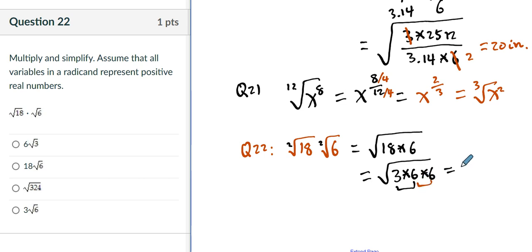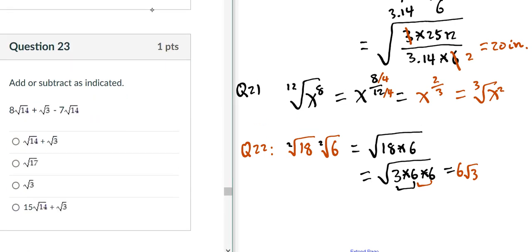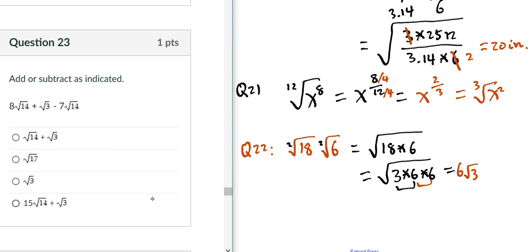Okay, so then 6 can come out. Inside will be radical 3. Okay, so which one is right? First one. Okay, so let's probably stop here. I'll see you next time for 23.